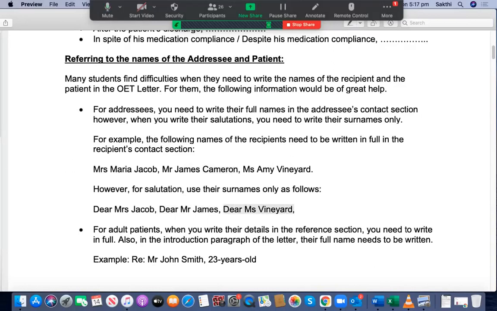Once you write the salutation, it is a must to place a comma. Remember that the use of punctuation marks is one of the key assessment parameters as far as the OET writing subtest is concerned. Wherever required, you must place punctuation marks such as commas and full stops, and use them in an effective manner so that they are clearly visible to the assessor.